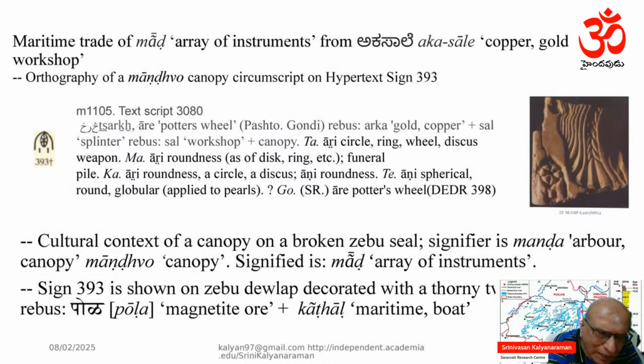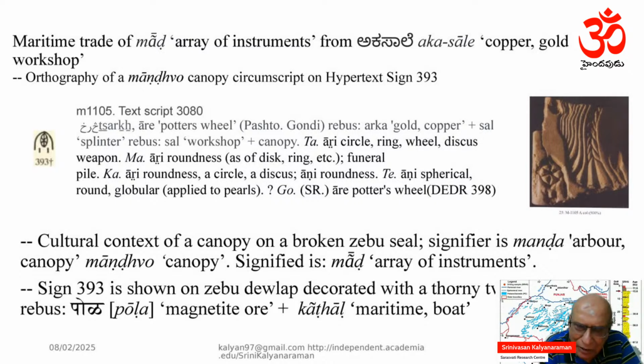Composed of arka, spoked wheel, potter's wheel, arka, copper and gold, 2 small strokes, sal, splinter, sal, workshop, arka, copper, gold, sal, workshop, arkasala, manda, warehouse of arkasala. So arkasala's warehouse is to be indicated by this composite sign.